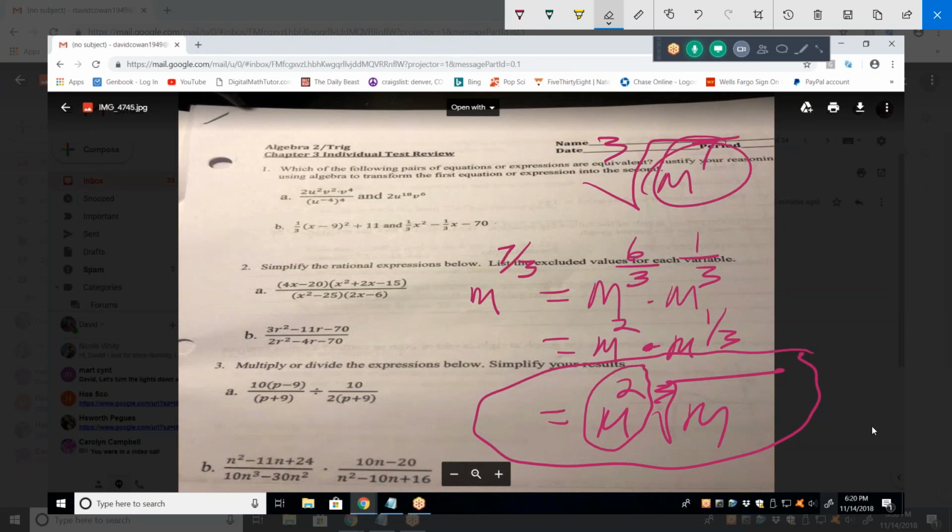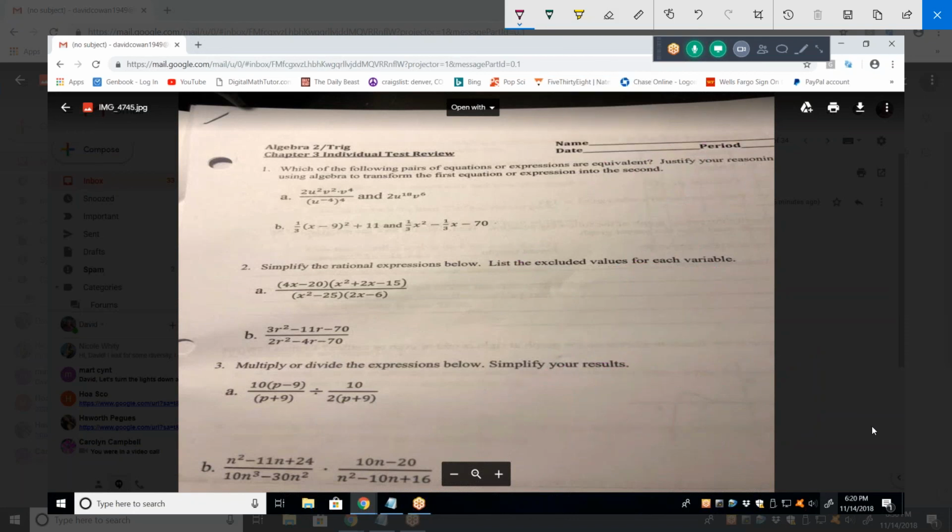Okay? But in terms of just terminology, what does this mean? If I want to write that in radical form, how would I write it? Using radicals.